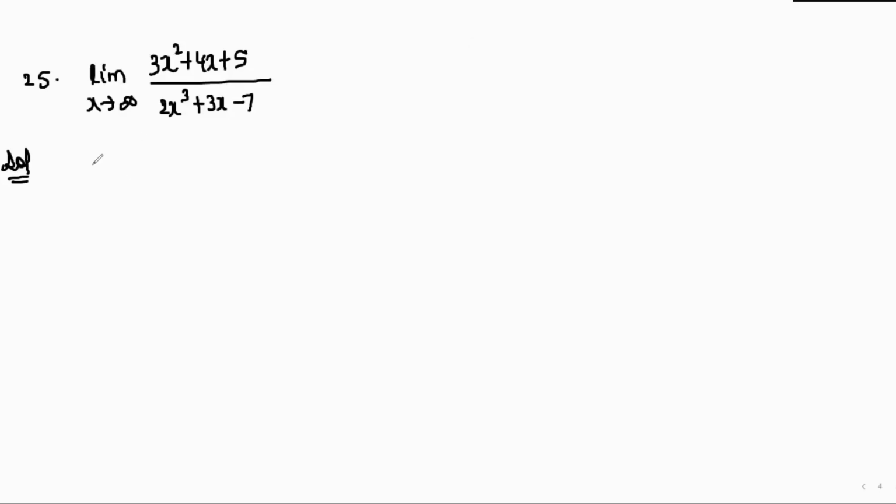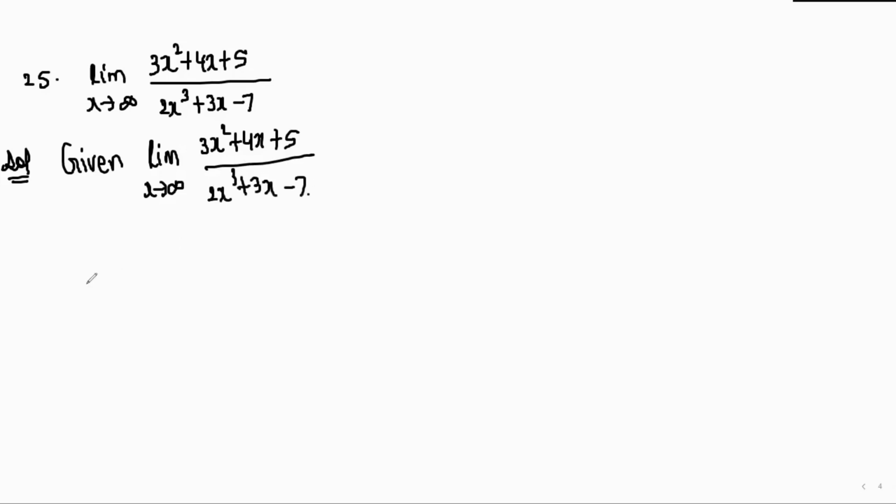Now take the next question. Limit x tends to infinity (3x square plus 4x plus 5) by (2x cube plus 3x minus 7). So first what is given to us? Over here, from the numerator, I will take the highest power common, so I will take x square common.